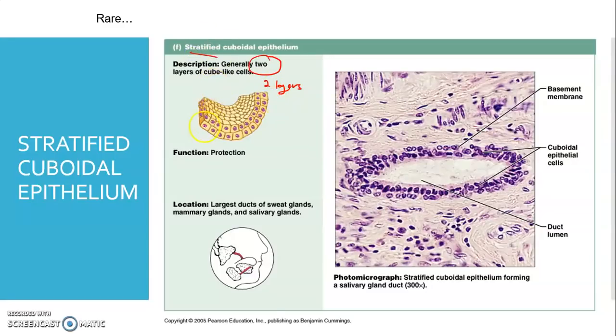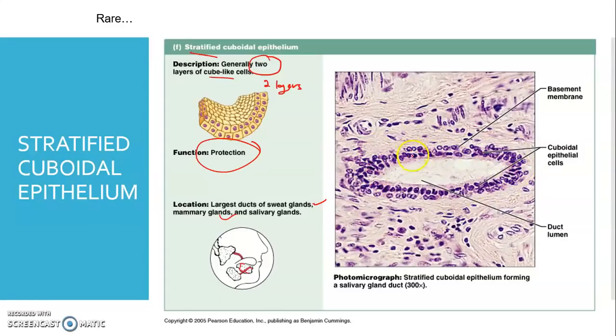The shape is cube-like cells, and the main function is protection. It can be found at the sweat glands, mammary glands, and also the salivary glands.